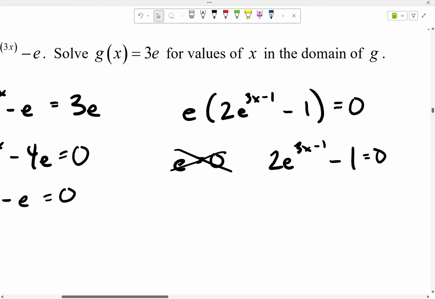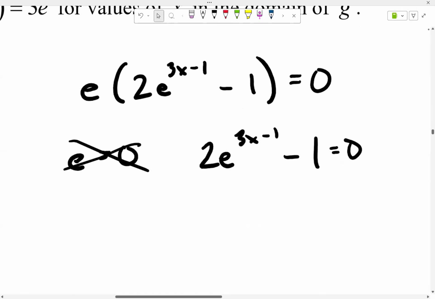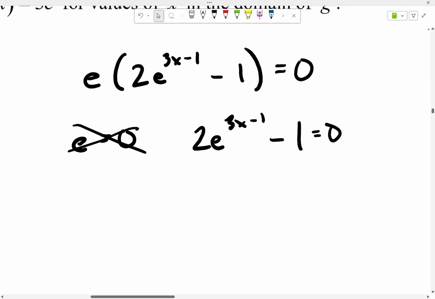So I don't understand. Okay, I think I got it. Times e at the bottom, and then it becomes ln. Wait, hold on. Minus 1. I got ln 1/2 minus 1 over 3. Wait, I'm confused. I think you just take ln to solve this one? Yeah, no, I think you're right.